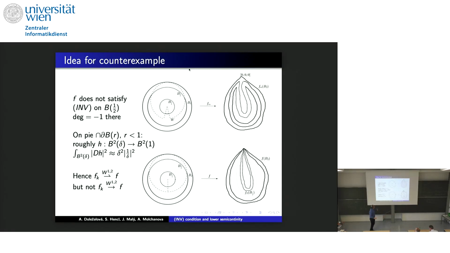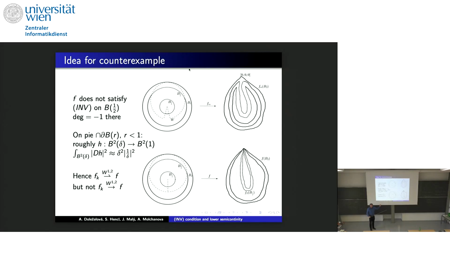Now I would like to see what is happening on these two spheres. I have here a sphere of radius 3/2, which is divided into the full part and the dashed part. The full part is mapped here, and the dashed part is mapped here. So the image of this sphere is some sort of horseshoe.